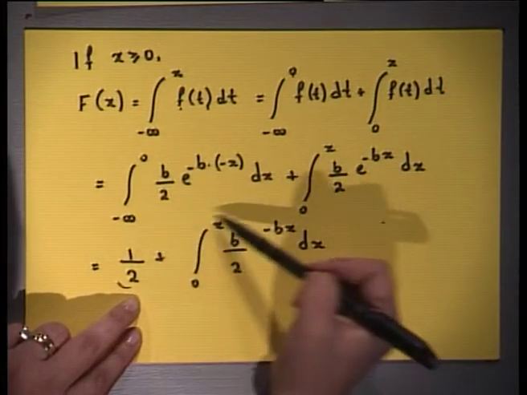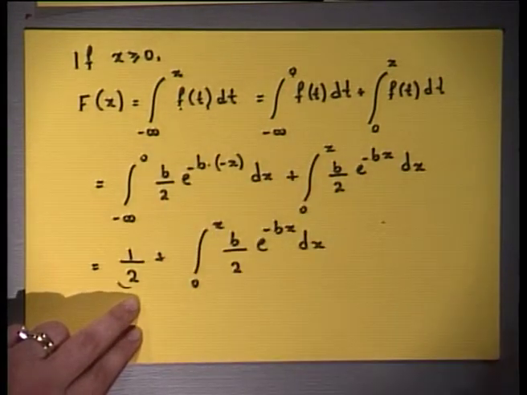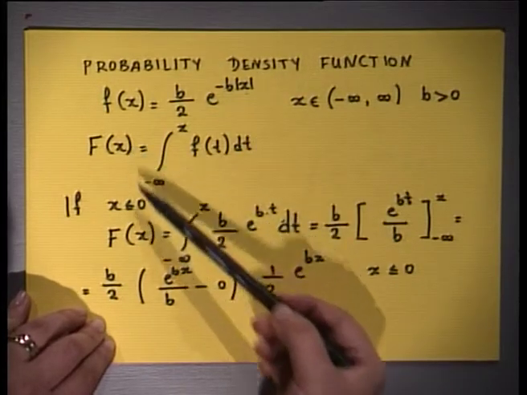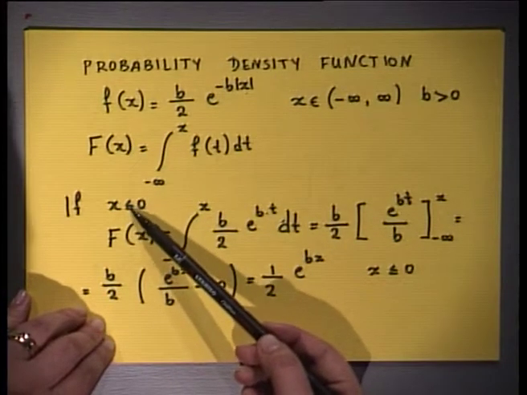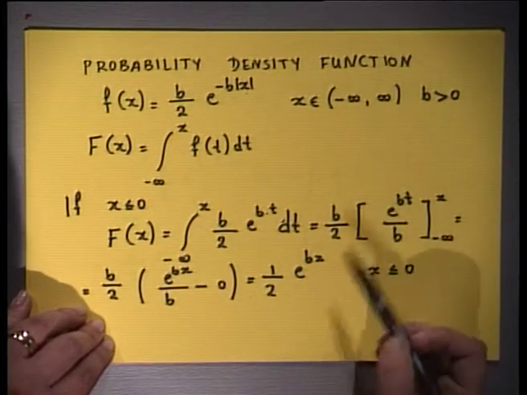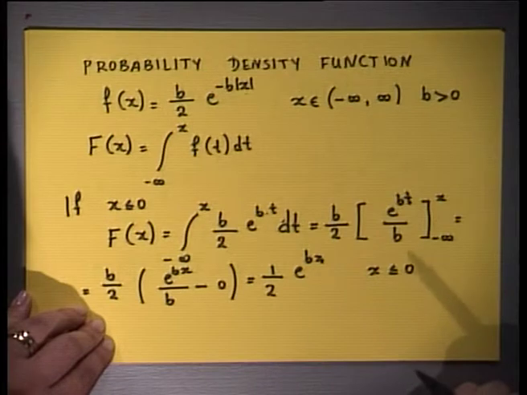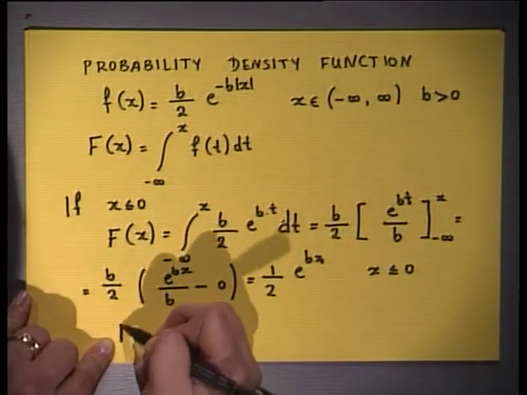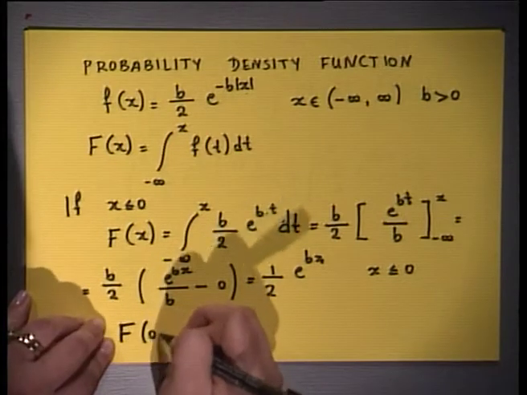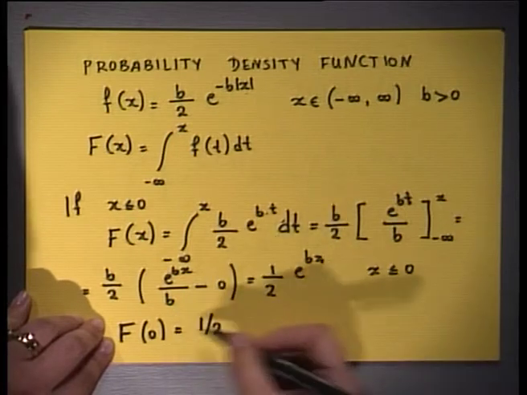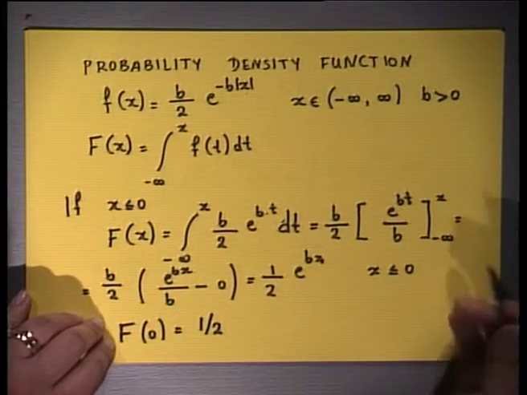Instead of evaluating this integral, we can actually use the cumulative distribution function we have found for x less or equal to 0. We see here that if we put x equals 0, this will give us that F of 0 is half, the value that we are looking for.